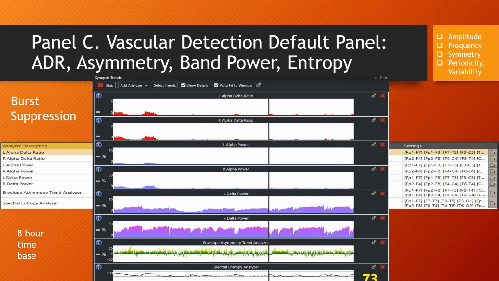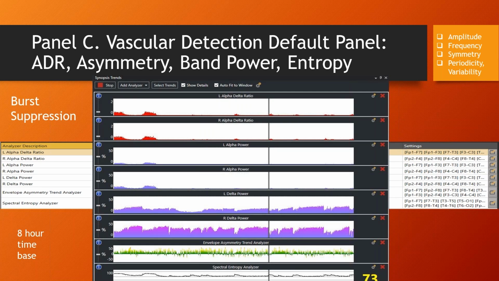It is somewhat periodic, and that may be due to a medication effect, but you can see that early in the record, more alpha, later in the record, that alpha drops out, and we have incrementally more delta power. And from the envelope asymmetry at the bottom, you can see again it's pretty symmetrical, and the spectral entropy really just kind of trends along with the alpha delta ratio.